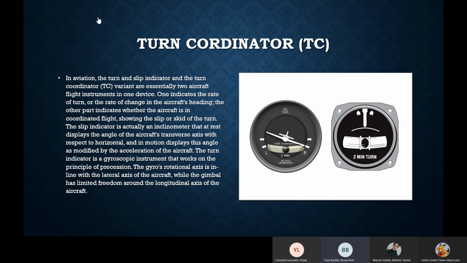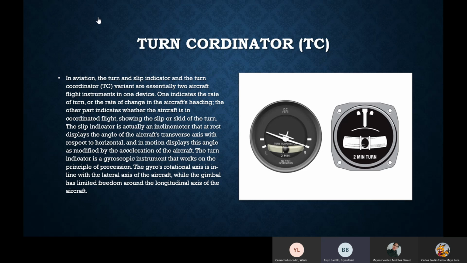Turn coordinator (TC). In aviation, the turn and slip indicator and the turn coordinator variant are essentially two aircraft flight instruments in one device. One indicates the rate of turn, or the rate of change in the aircraft heading.